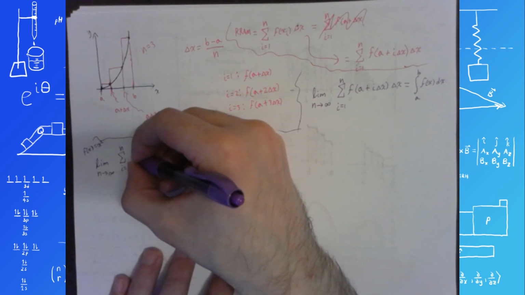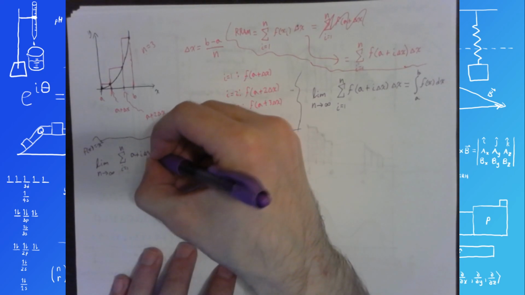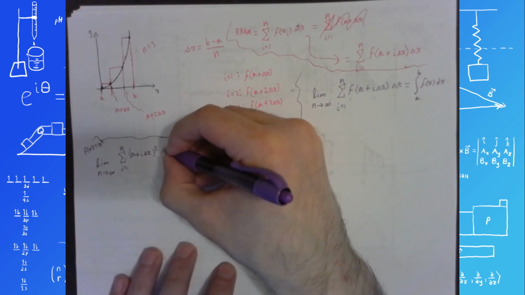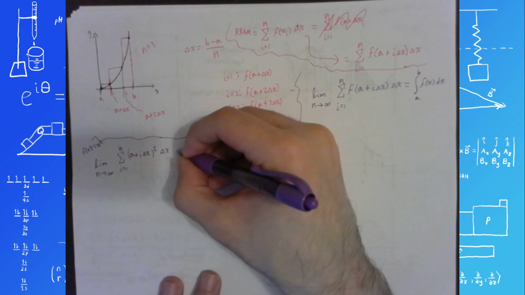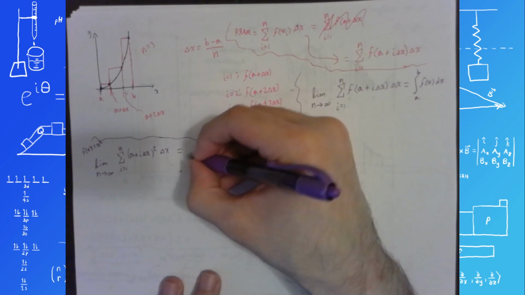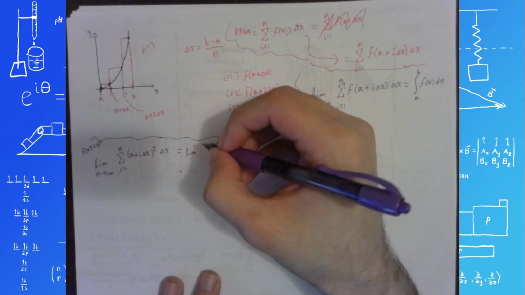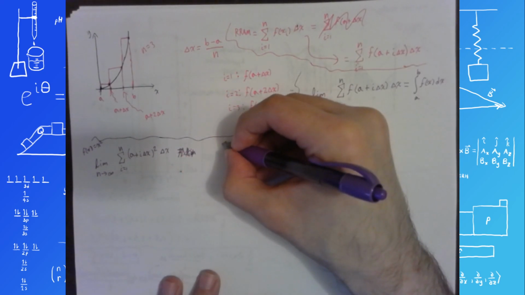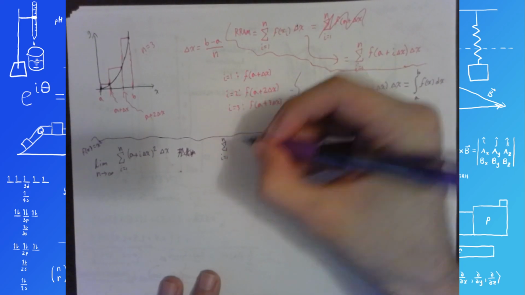So it's going to be a plus i delta x squared times delta x, equals the limit as n approaches infinity. Maybe I should leave the n approaches infinity part out of it for the time being. I'm just going to rewrite the part inside the limit for now.